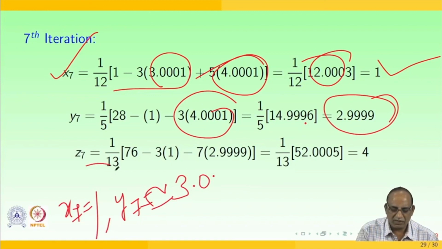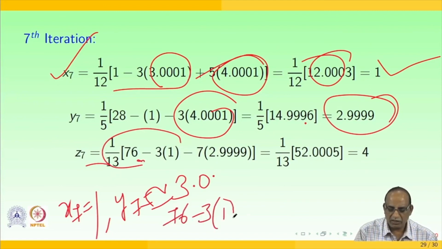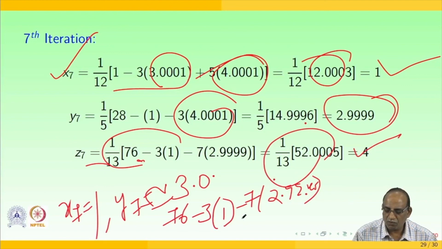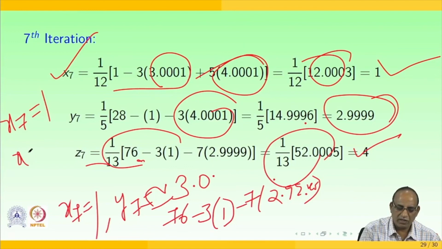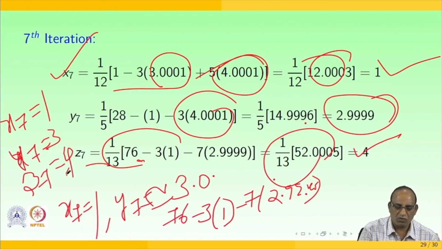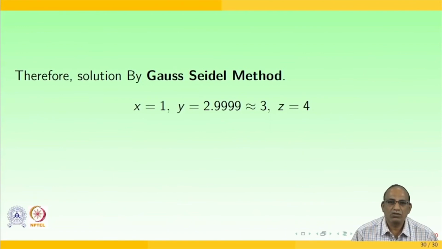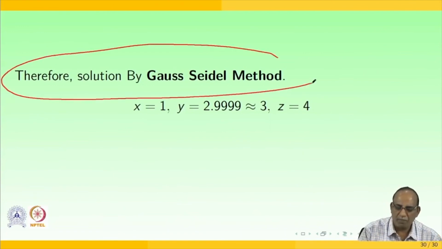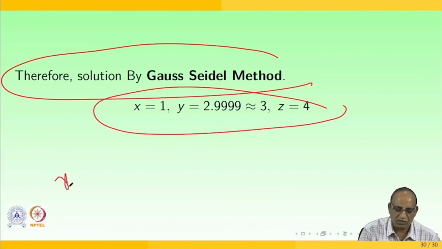Similarly, z7 is 1 by 13 times (76 minus 3 times 1 minus 7 times 2.9999), which is 1 by 13 times 52, which is exactly 4. So x7 is equal to 1, y7 is equal to 3, z7 is equal to 4. Therefore, the solution which we found is close to the true solution: x is 1, y is 3, z is equal to 4.